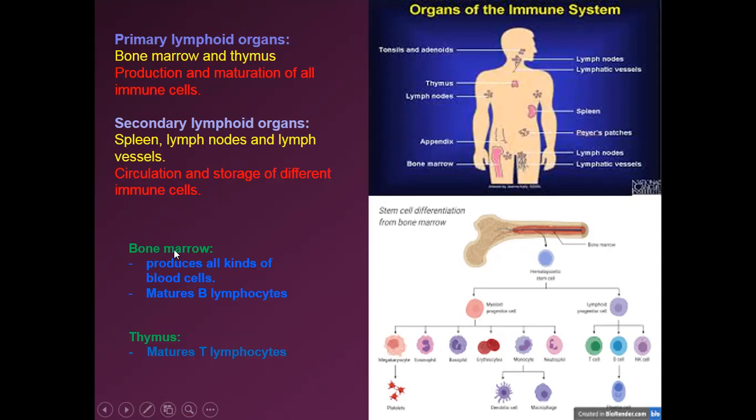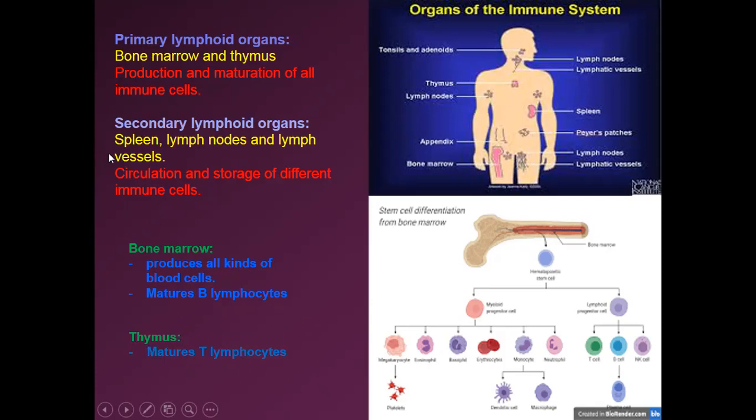For example, bone marrow produces all kinds of blood cells and matures B lymphocytes, so it is called B, from bone marrow. The thymus matures T lymphocytes, because of that it is called T lymphocyte, from thymus.